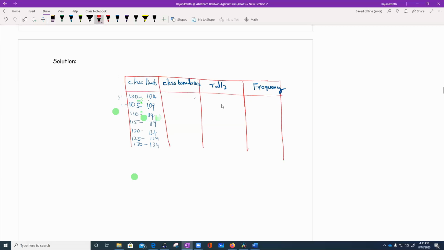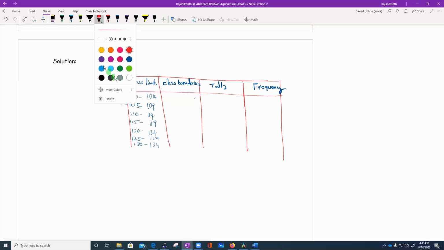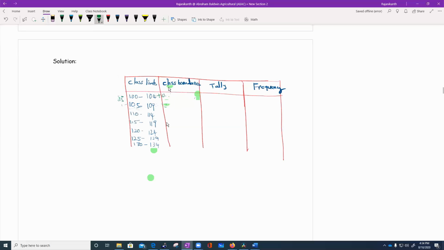Let me use different colors. So I am adding 0.5 to this number, and subtracting 0.5 from this number. Then again adding 0.5 and subtracting 0.5, and so on. You will complete all the class boundaries.